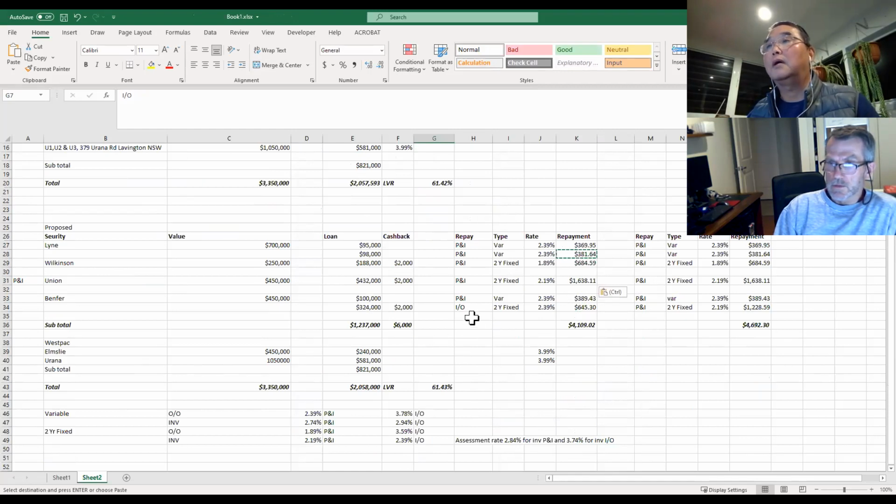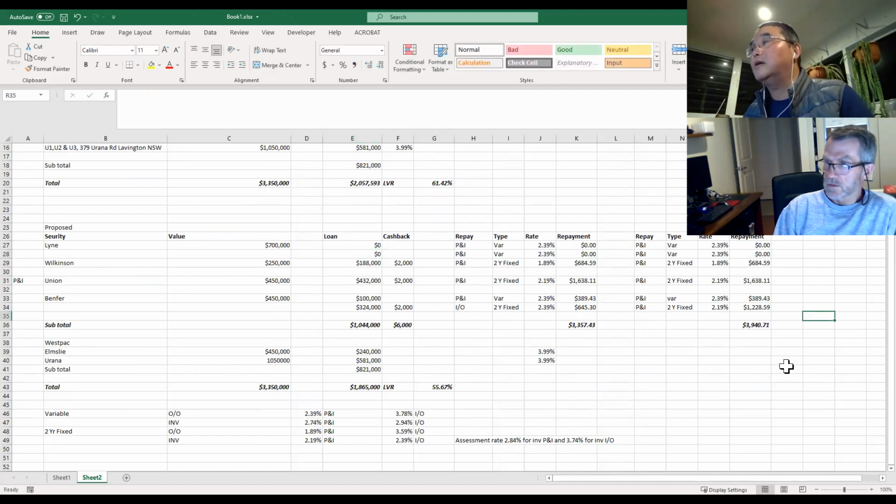This one, right? Repayments. Where's the 90,000 is 0. Okay, repayment 3,940. It's all P&I. So that's under what we're doing, and that's all P&I. Yeah. And you don't have home loans.